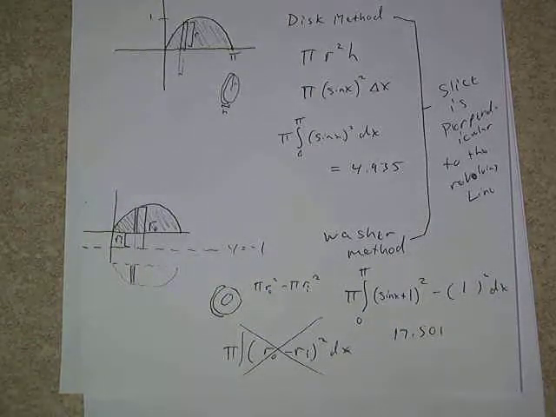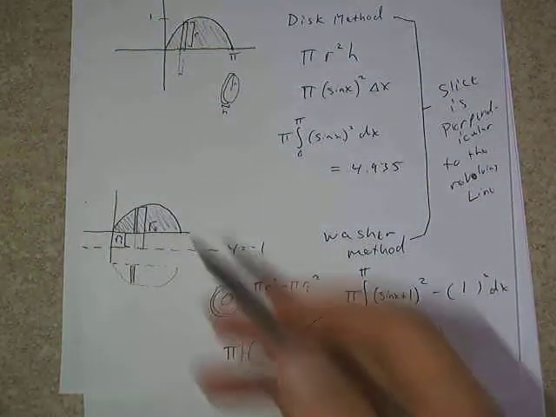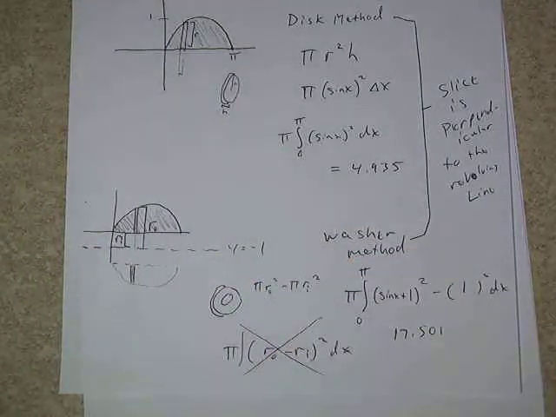Okay? So anytime the slice is perpendicular to the revolving line, we're going to be dealing with a disc or a washer. That's the shape that's always going to be created if we use a disc or a washer. Always going to be perpendicular to the revolving line.